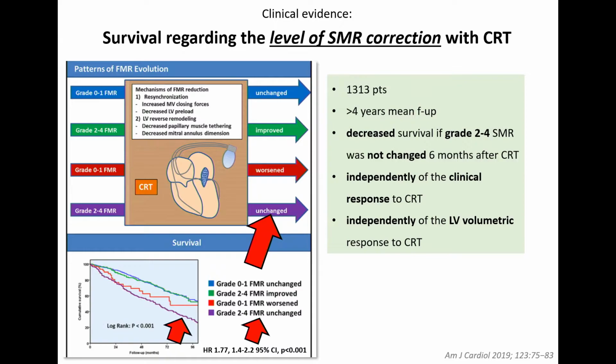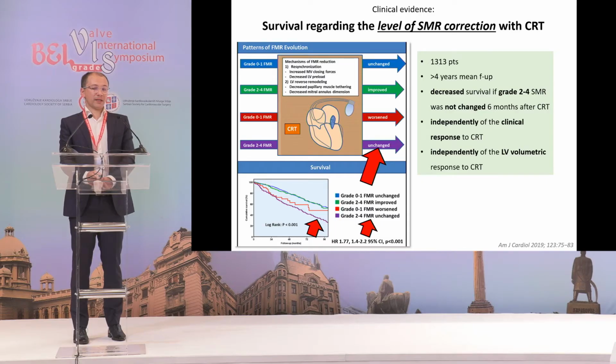Ovaj rad je bitan da se istakne, jer se jedini bavi kvantitativnom analizom, kako stepen funkcionalne regurgitacije i njegova promena pod CRT-om utiče na preživljavanje. Treba primetiti da se isto radi o velikoj studiji, relativno dugom follow-upu, koja je pokazala smanjeno preživljavanje kod umereno teške i teške sekundarne mitralne regurgitacije koja nije promenjena nakon 6 meseci primene resinhronizacione terapije.